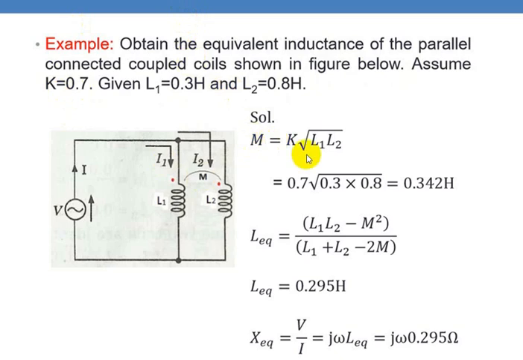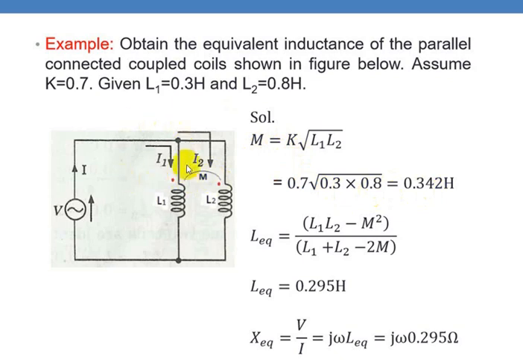So here the mutual inductance M is given by K into under root of L1 into L2. So K, L1 and L2 values are given, substitute. So you will get 0.342 henries.